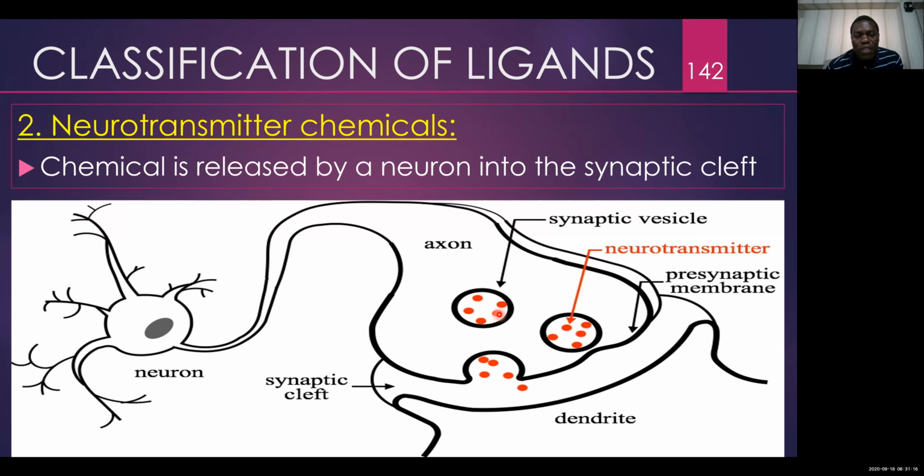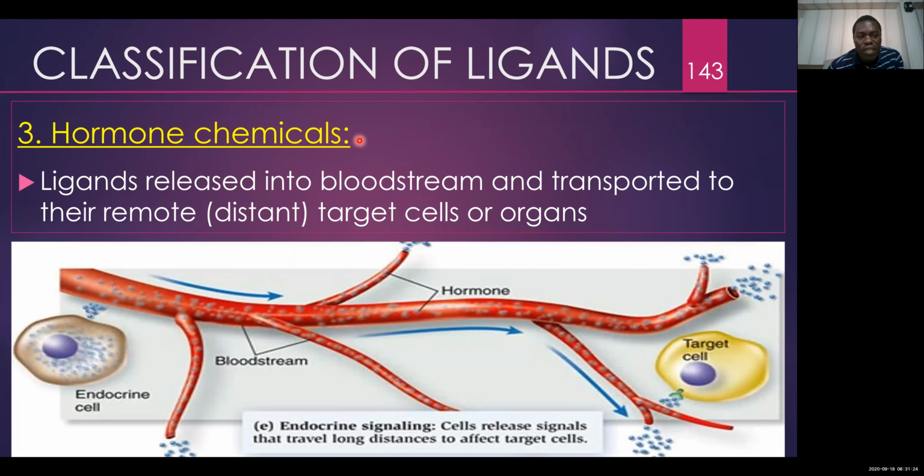You can also have a hormone. When do we call it a hormone? A ligand is termed a hormone if that ligand is released into the bloodstream. Now, the criterion here is that the target cell is far away from the secretory cell.